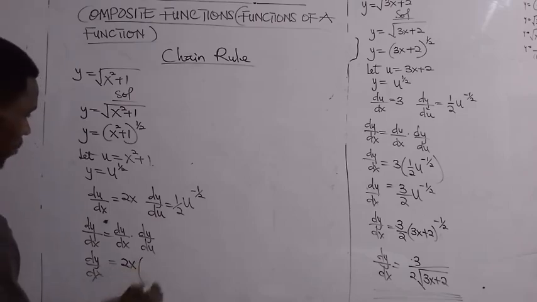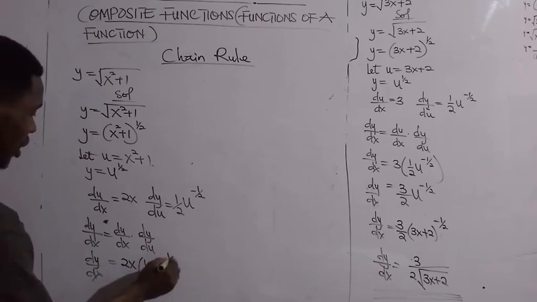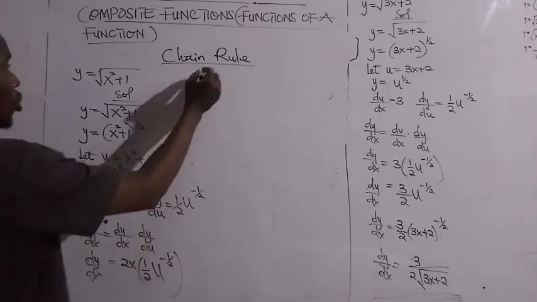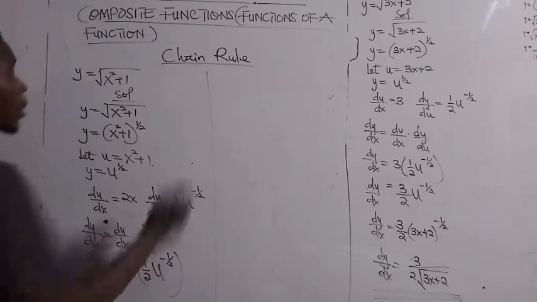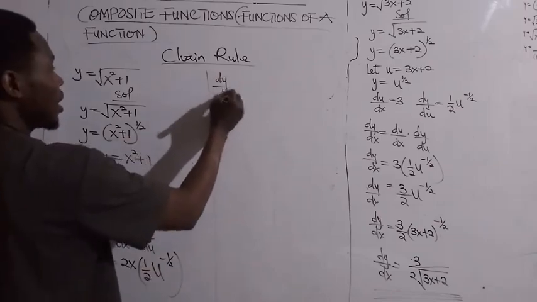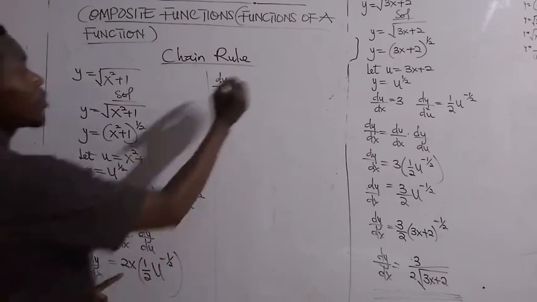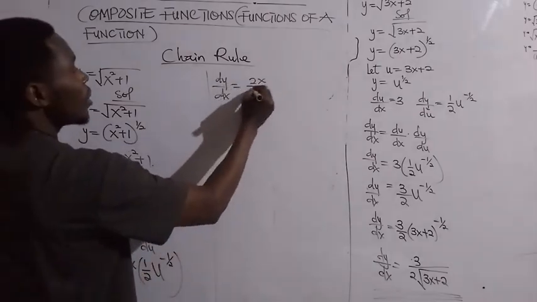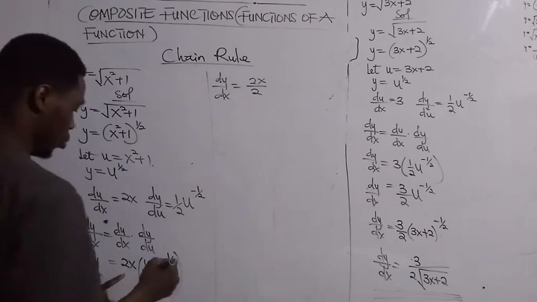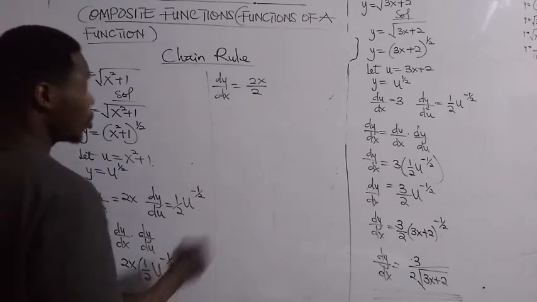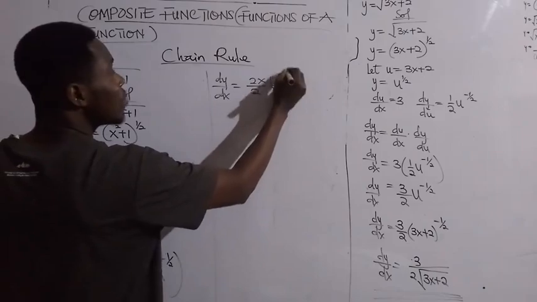Then multiplying this, which is 1 over 2 u negative 1 on 2. So we continue from here. So dy over dx will be equal to 2x all over 2, this 2x all over 2 u negative 1 on 2.